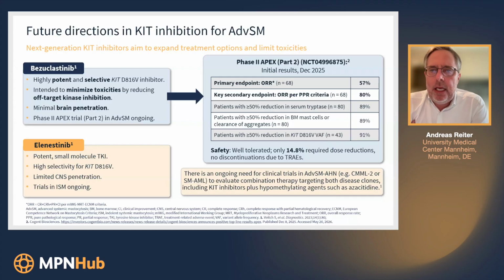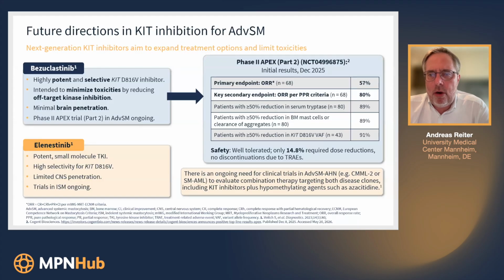And on the right side, you can see what was reported in December 2025. So overall response rate of about 60%, overall response rate per PPR criteria 80%. And it is very similar to what I said before about serum tryptase, mast cell burden, and also KIT D816V allele burden, what I said about avapritinib.